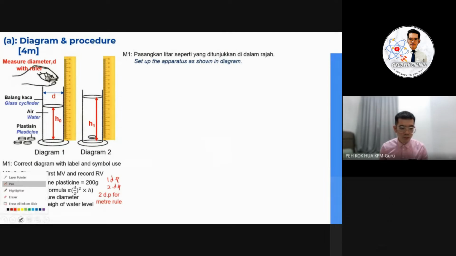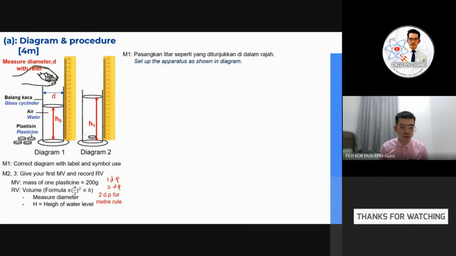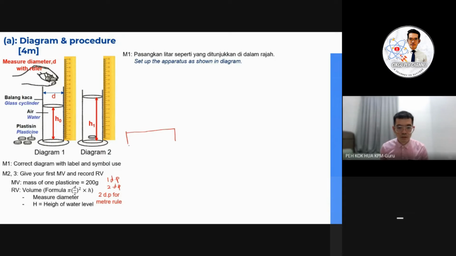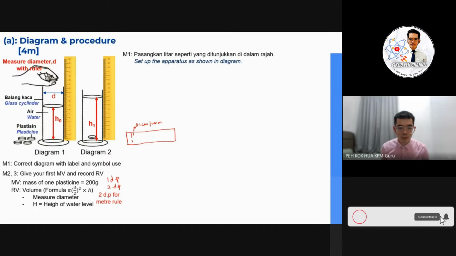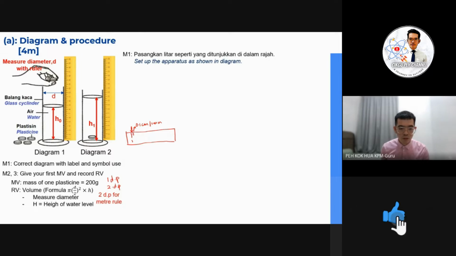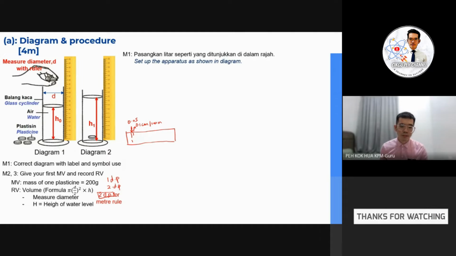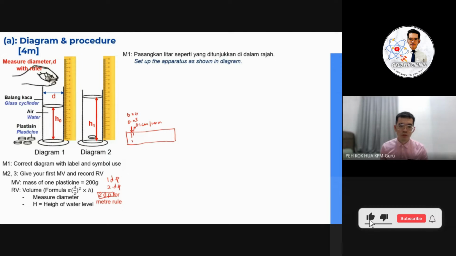Let's say I draw the ruler like this. Here the first reading is 0.1 cm or 1 mm. In between, if your water level is here, you can take it as 0.05. So your decimal places will be two decimal places at maximum, and the second decimal place will be 0.005 or 0.00, so 0 and 5 only.